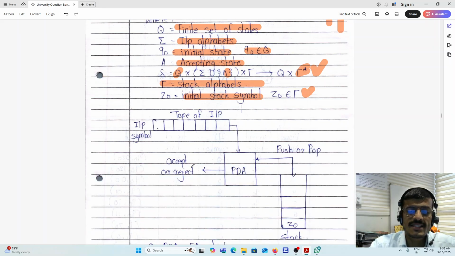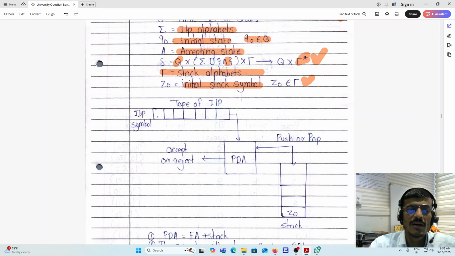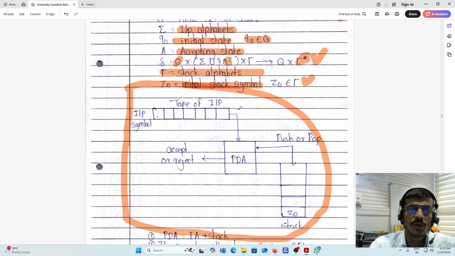And this is the schema, or the diagram, for a PDA. You can see here is the input, here is the finite control, that is a PDA. It is going to accept or reject the symbols. We read the symbol from this position. The current state will be there, and by using the top of the stack symbol, we perform all this operation.